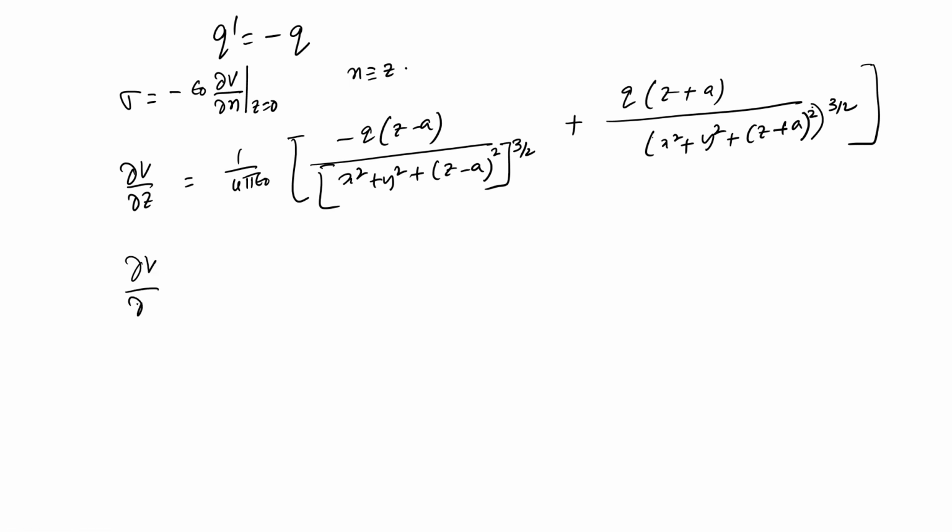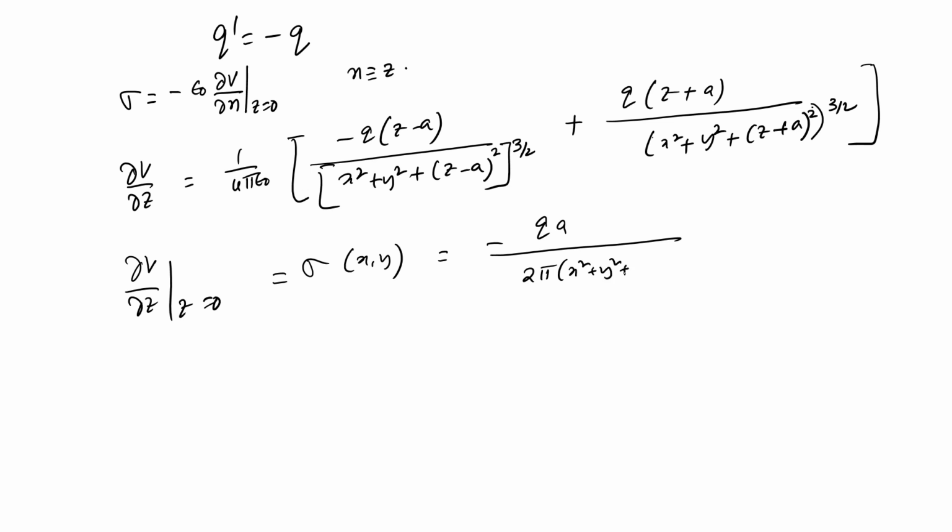Now if you calculate del V del z at z equal to 0, you will get sigma, which is a function of x and y, equal to minus q a divided by 2 pi times x square plus y square plus a square, whole to the power 3 by 2. Okay. So, this is a negative charge.